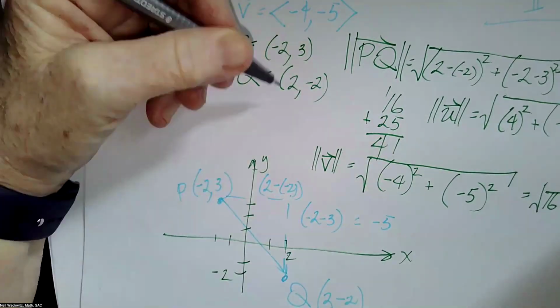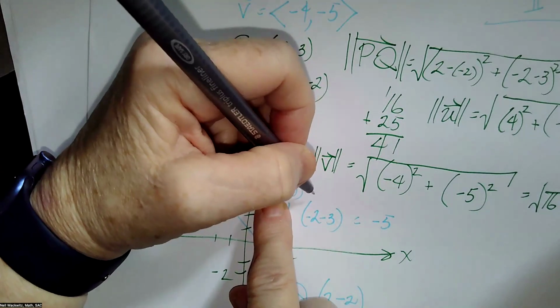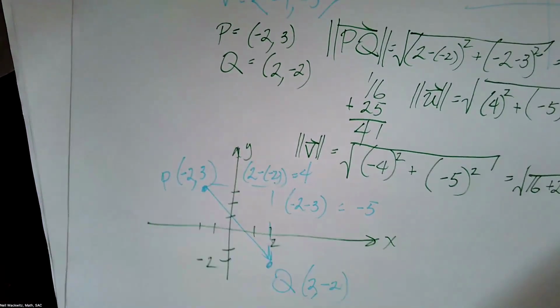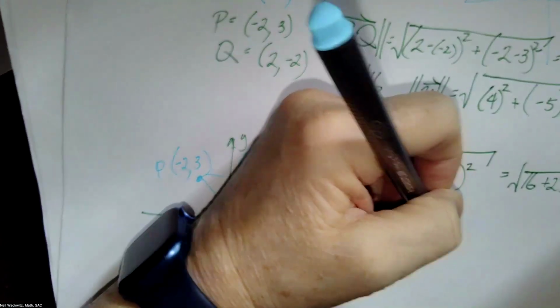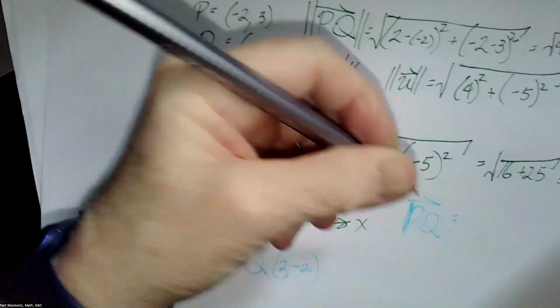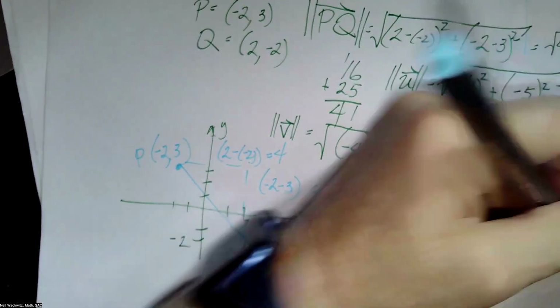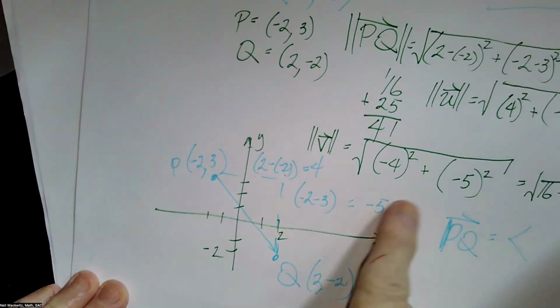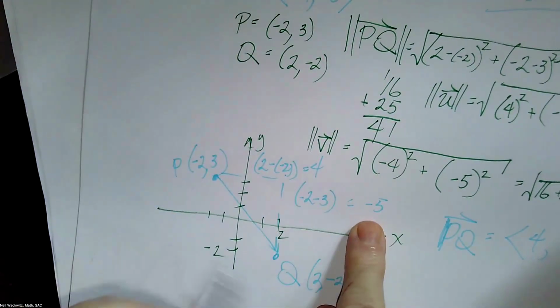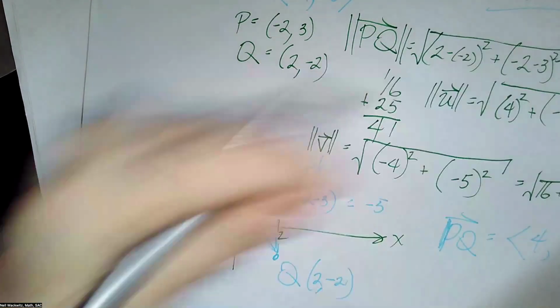So that means that PQ is equivalent to 4, -5.